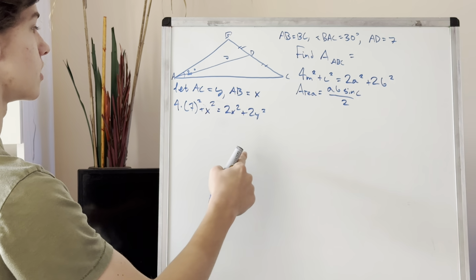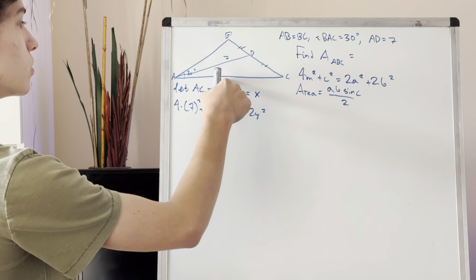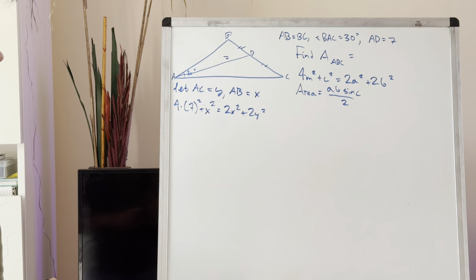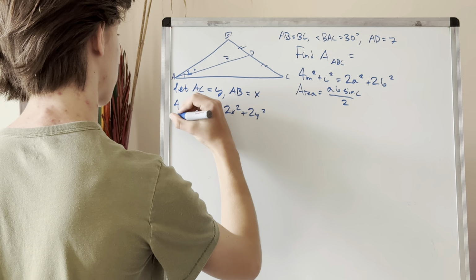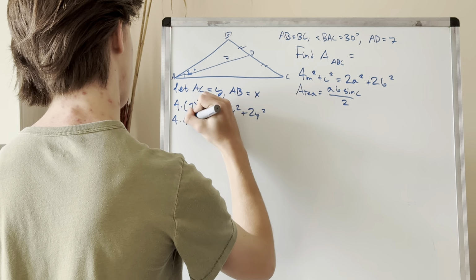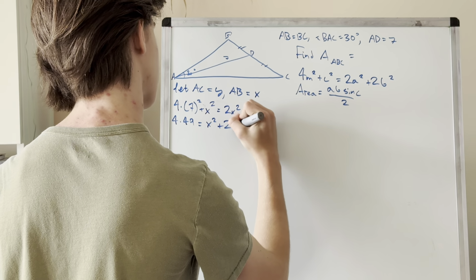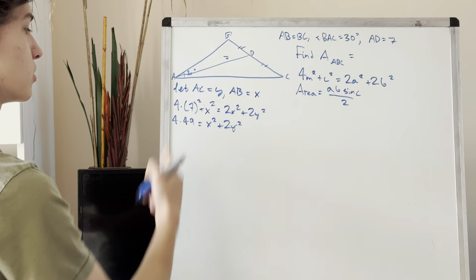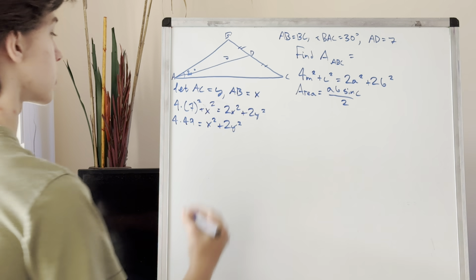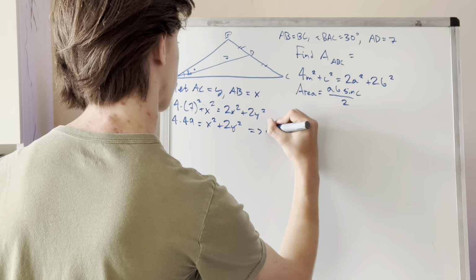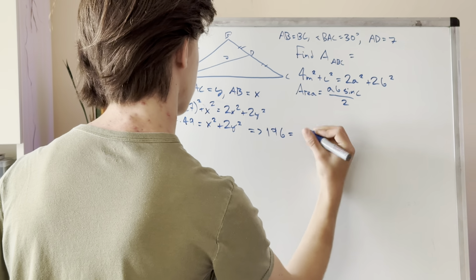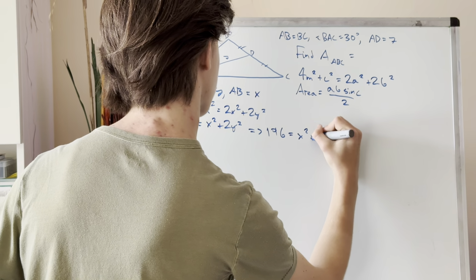Plus this side equals the 2 times x squared of this side. Okay, good, let's clean this up a bit. This means that 4 times 49 equals x squared plus 2y squared, right? So we're removing x from this side, all right? Which means that 196 is x squared plus 2y squared.